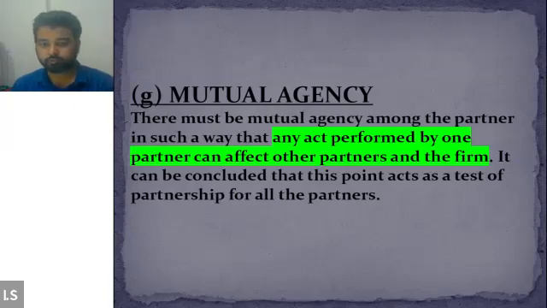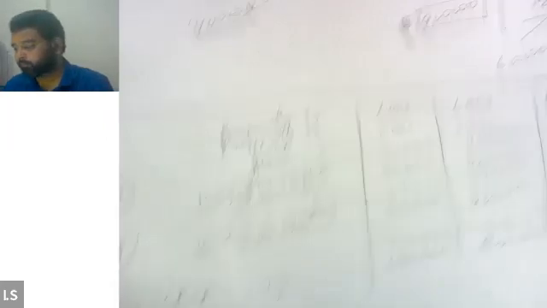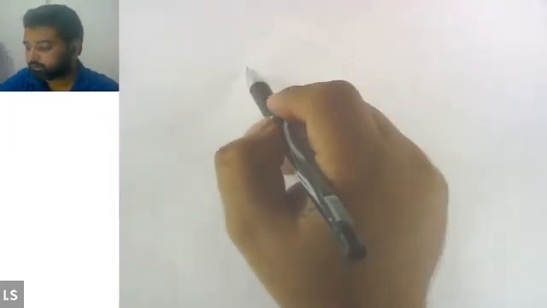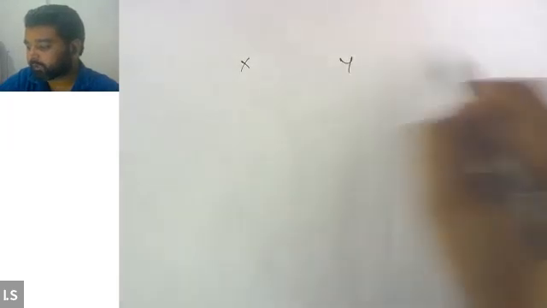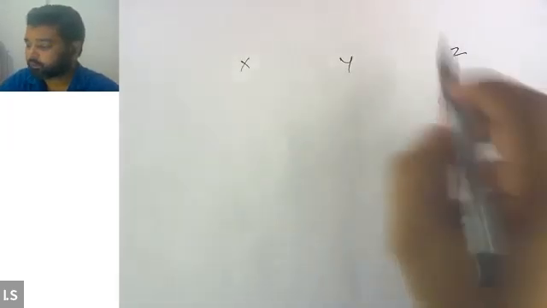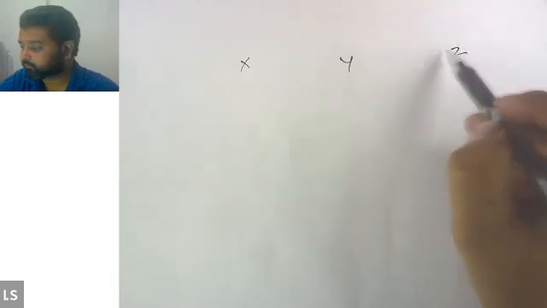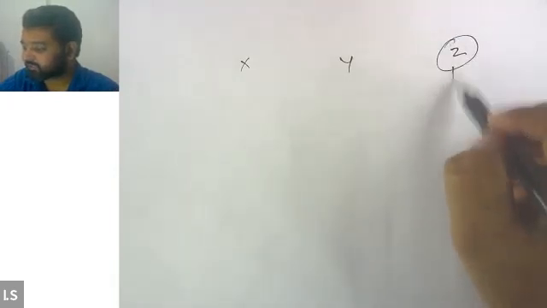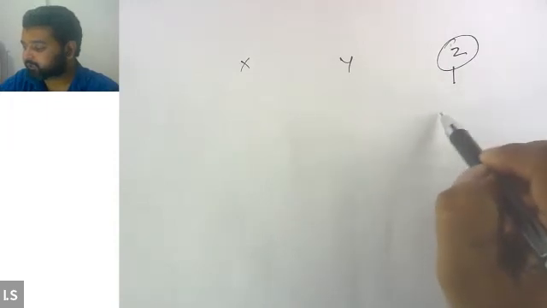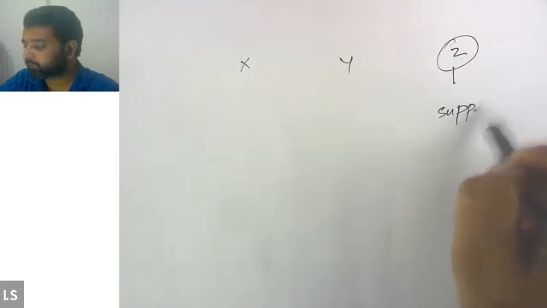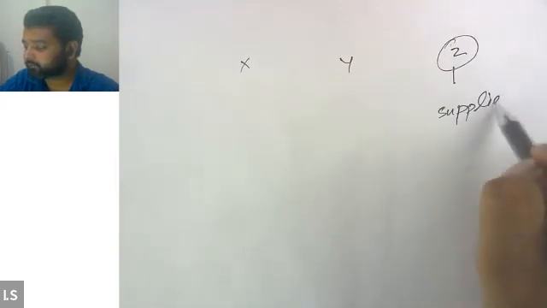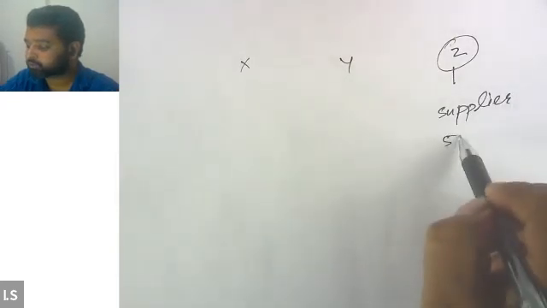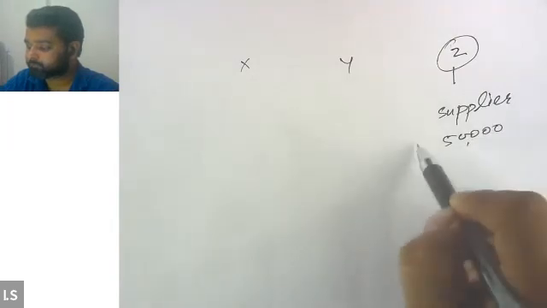Let me explain this through one small example. Let's suppose there are three partners X, Y, and Z. All three are partners. Let's suppose Z entered into an agreement with a supplier to supply goods valuing rupees 50,000.